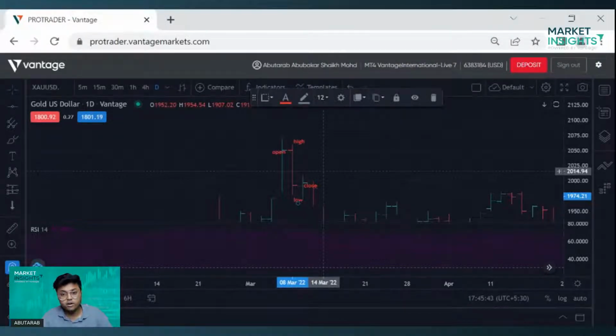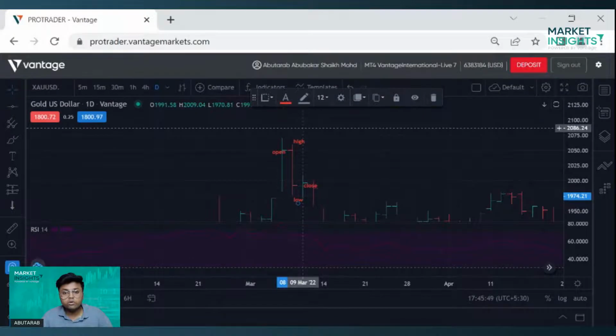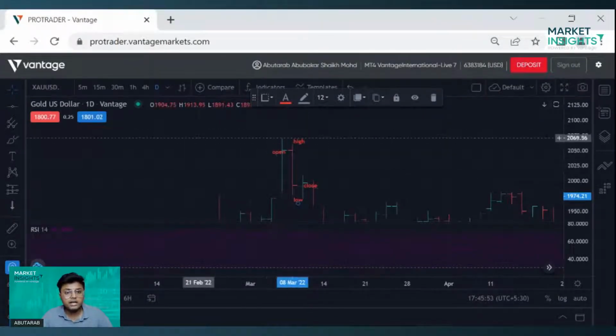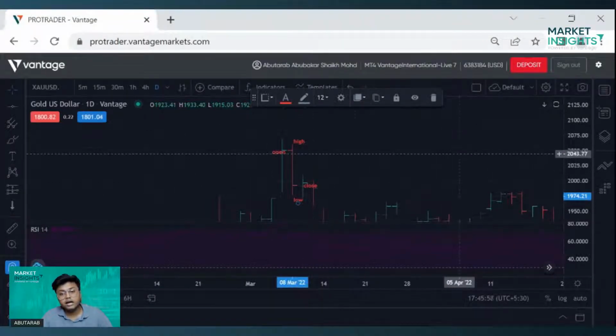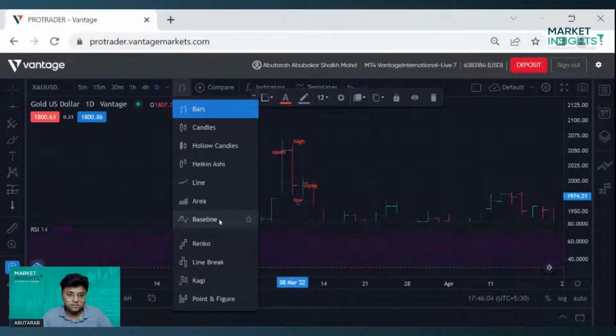Almost every trader, analyst, and investor follows the candlestick chart. The only difference between the bar and candlestick chart is that the bar is the Western type of chart, and the candlestick chart was developed by a Japanese person. So now we will move on to the candlestick chart.